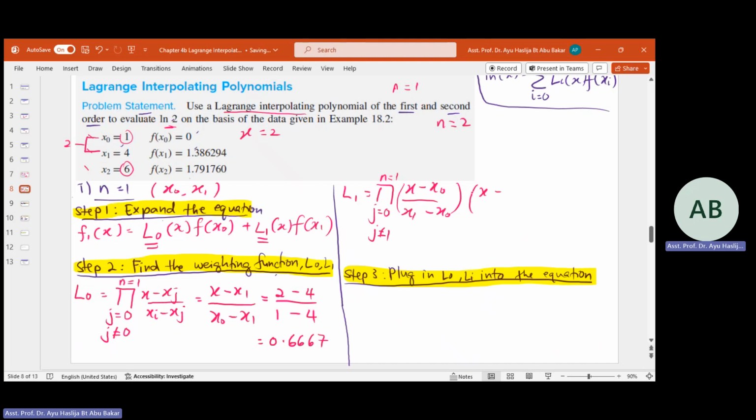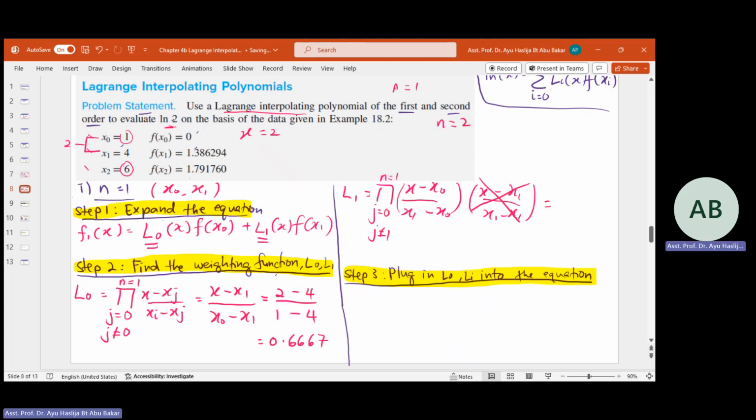That's all, because n equals 1, right? You cannot write x minus x1, because j cannot be 1. So this part is wrong, not required.